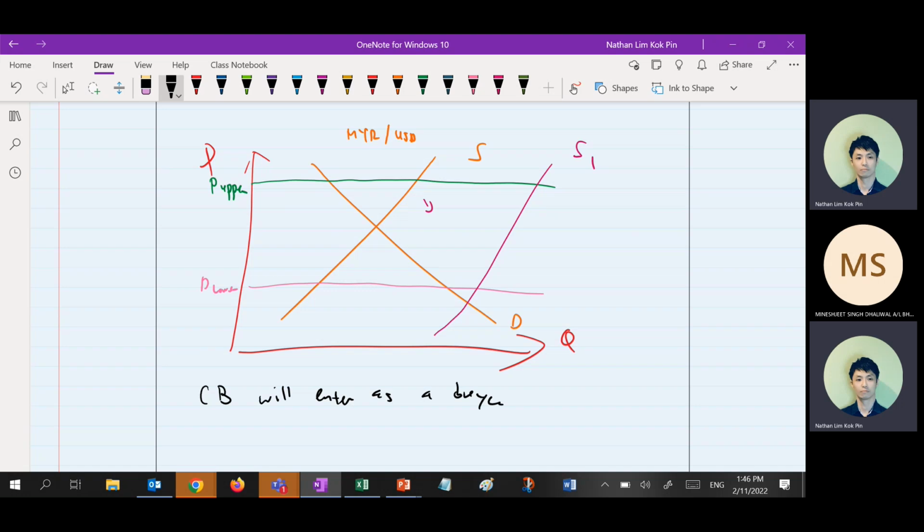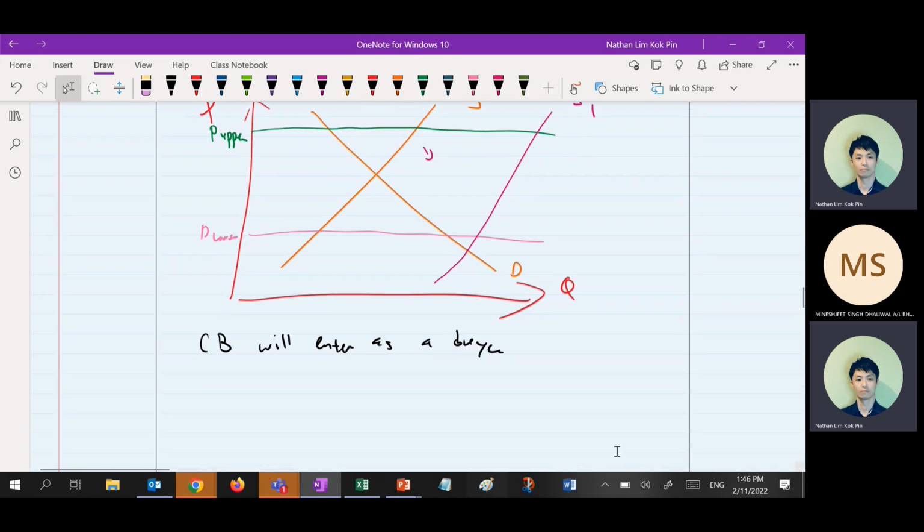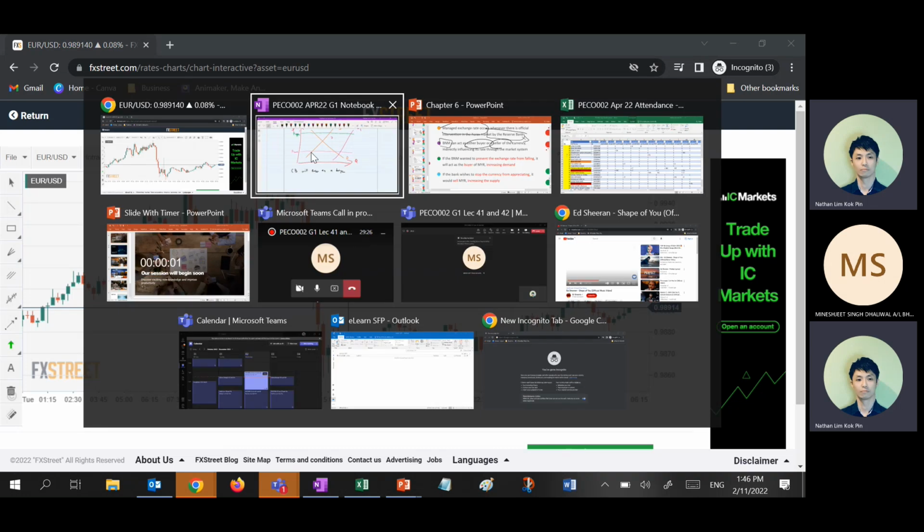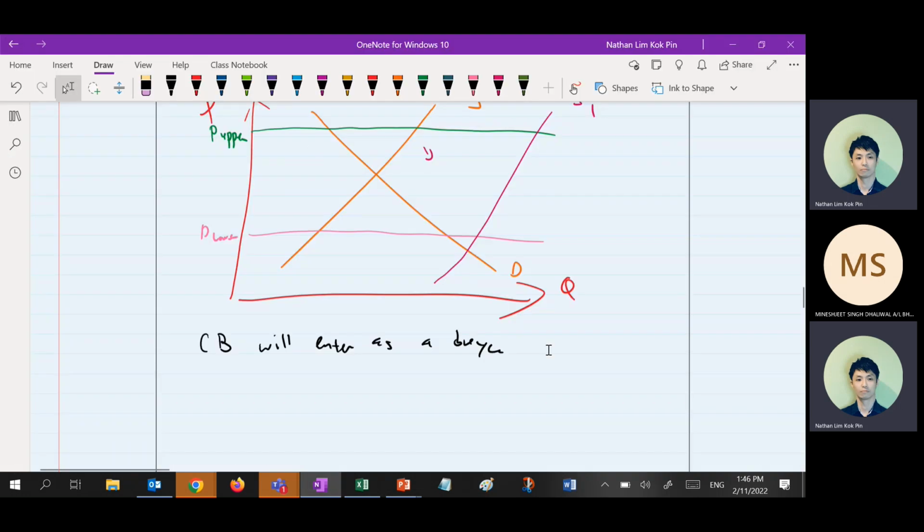Central bank, what does the central bank do? The central bank will look at this screen. This is what the trader does, right? Look at this screen. Oh my God, it's already dropped until blah blah. What do they do? They go to the trade counter and start to buy back their own currency. Make sense? They use what to buy?